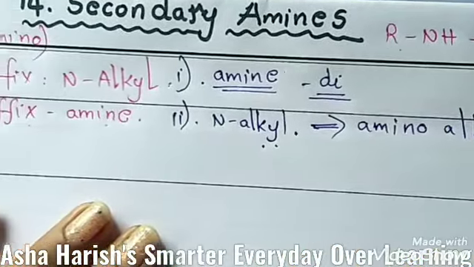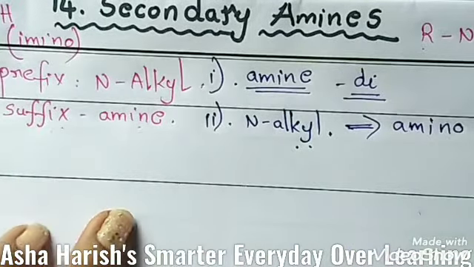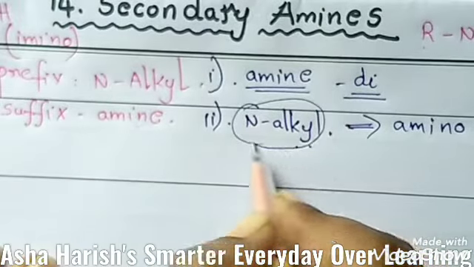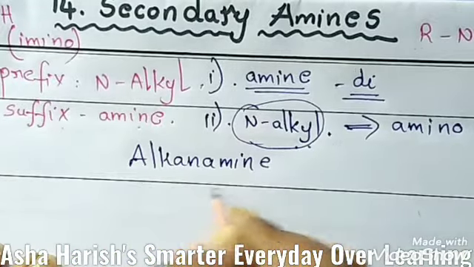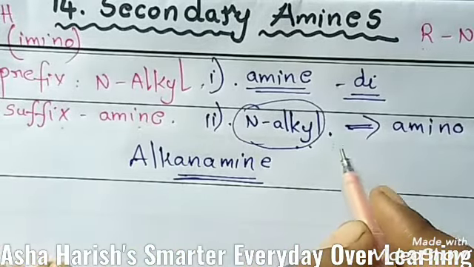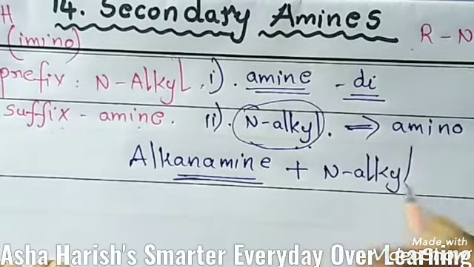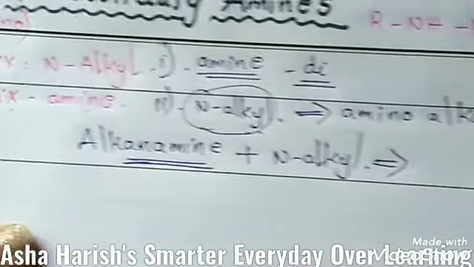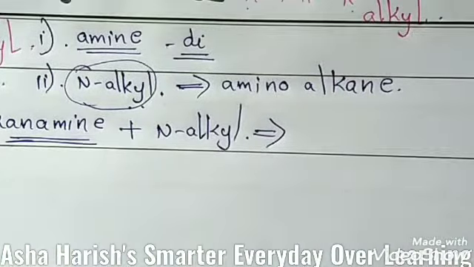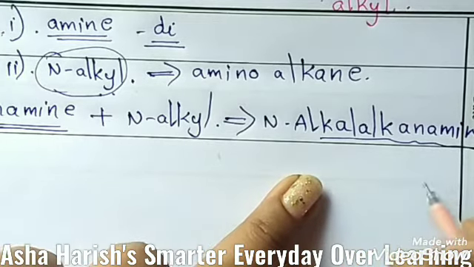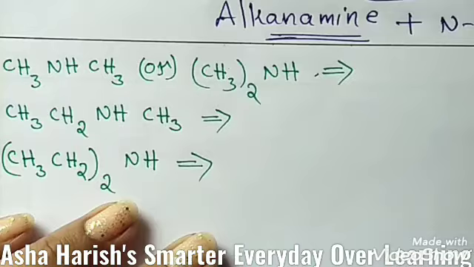IUPAC names: while writing the IUPAC names for these secondary amines, add the prefix N-alkyl to the name of the alkanamine corresponding to the larger alkyl group. If you add N-alkyl while writing the IUPAC names, then finally what you get is alkyl alkanamine. And now let's see some examples.